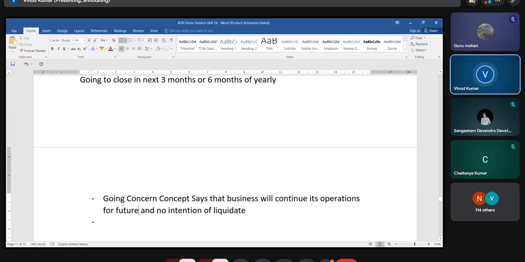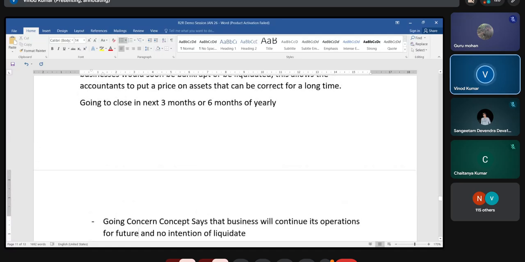So without closing the business, the company will continue its operations for the future. That concept is called the going concern concept.